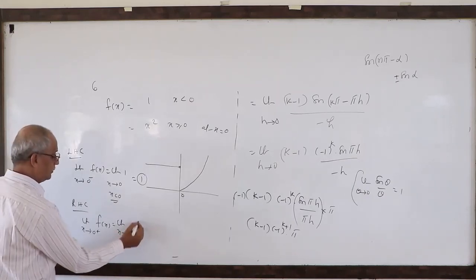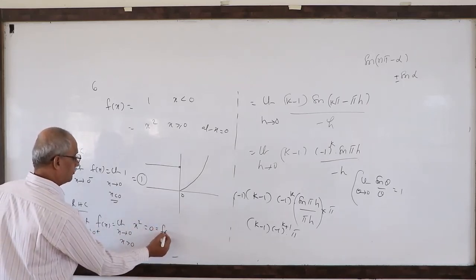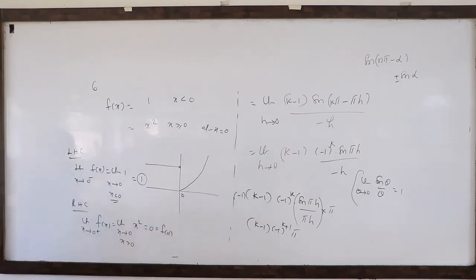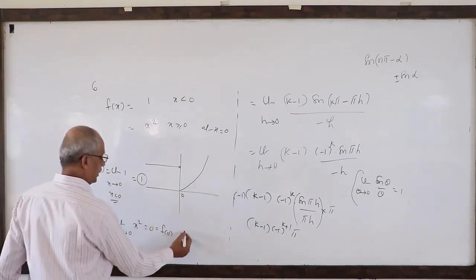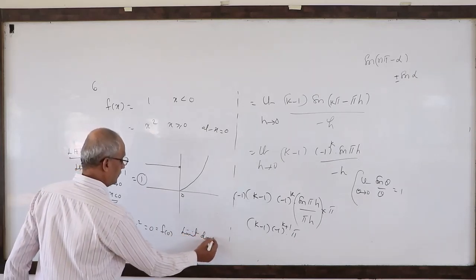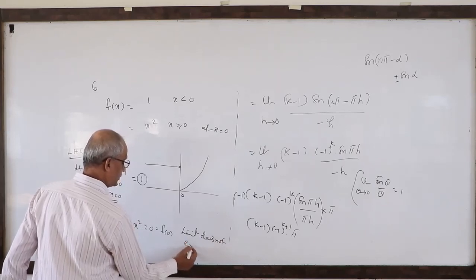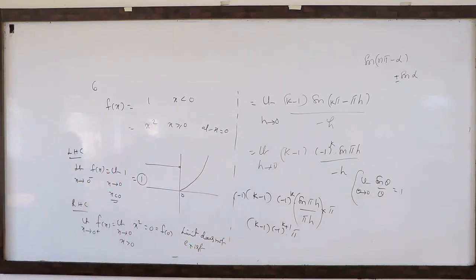X square is 0, which is the same as f of 0. Means it is right continuous, but not total continuous. Overall, since they are not equal, the limit does not exist at the origin. So it is not continuous.